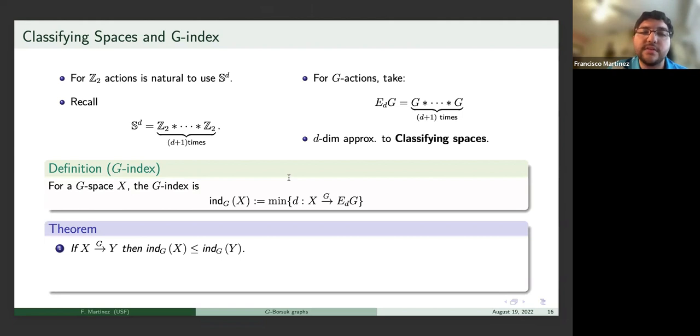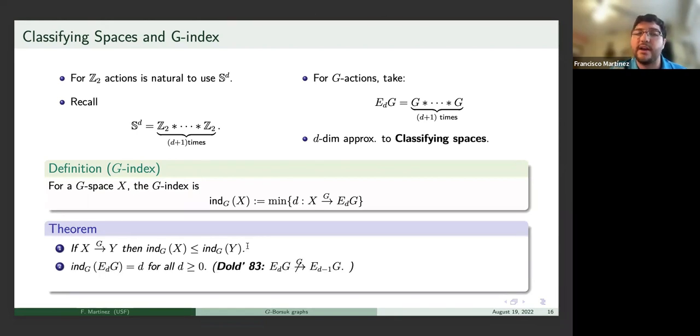It turns out that this definition makes sense. The theorem, and this is not my theorem, this is already done, is that if you have a G map, then the G index of X is less than or equal to the G index of Y. This is well defined because the G index of the D space G is exactly D. This statement can be seen as a generalization of the Borsuk-Ulam theorem, or actually it depends a lot on Dold's theorem, that there are no G maps from the D-dimensional classifying space into the D-1 dimensional one.